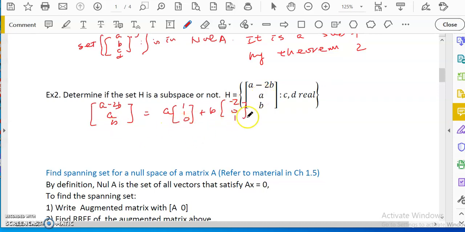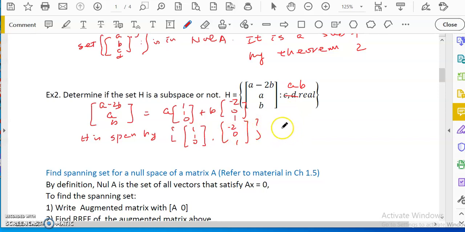So H is spanned by these two, who is not CD, it is AB. It's spanned by the set of (1, 1, 0) and (-2, 0, 1), so it is spanned by linear combinations of these, and we know that.